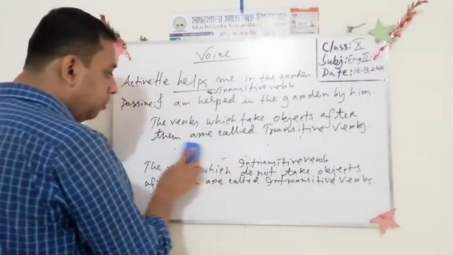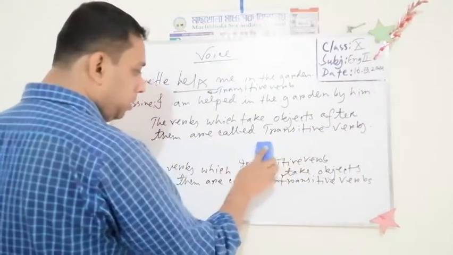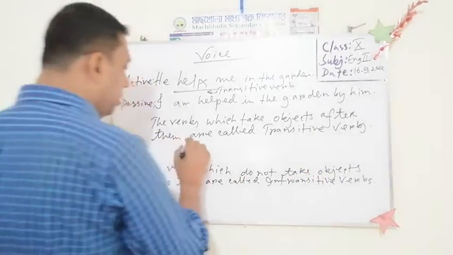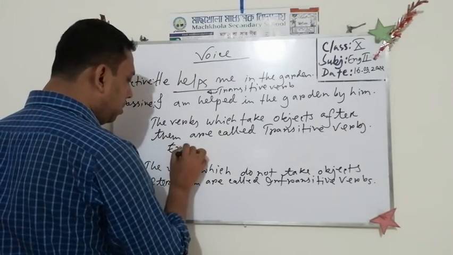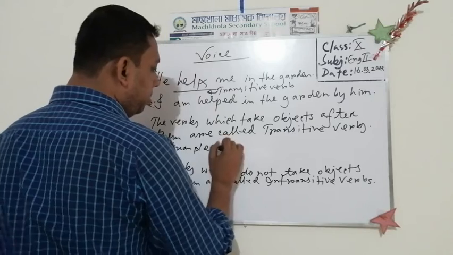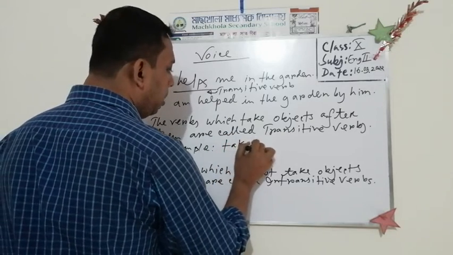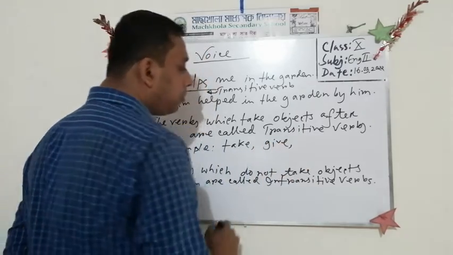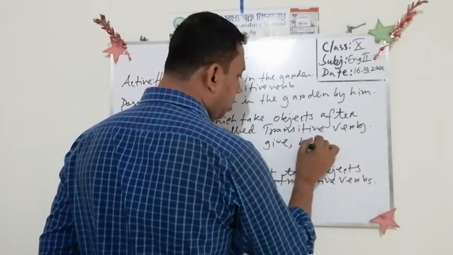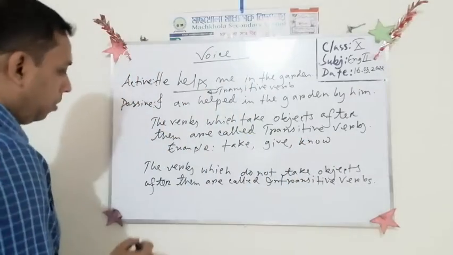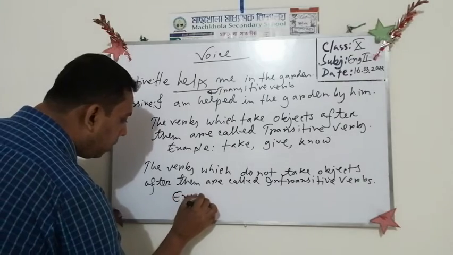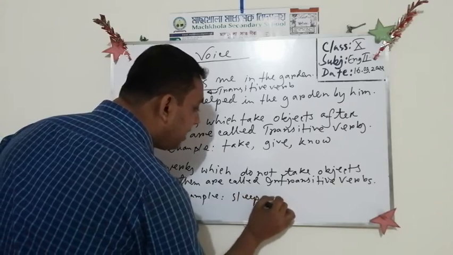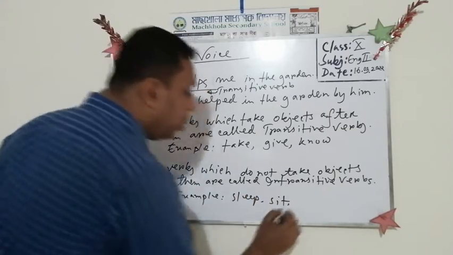So for example, take, give, know. Okay, and more examples of intransitive verbs: sleep, sit, go.